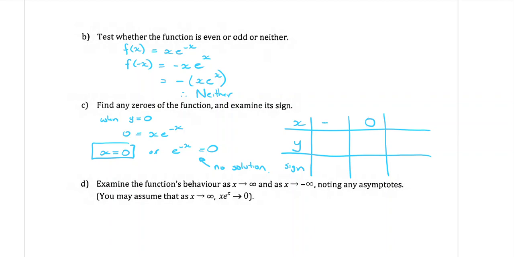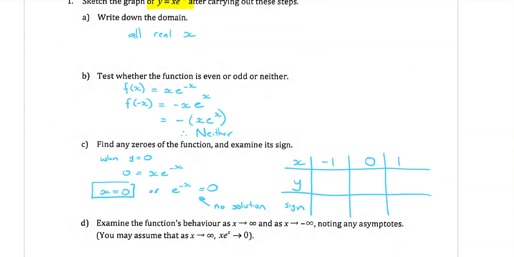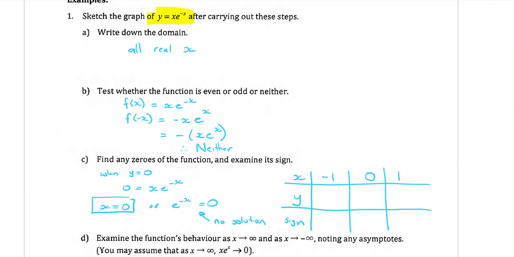I need a number less and a number bigger. So -1 and 1 are the obvious choices. You're subbing them into the y, right? So it's -1 times e to the positive 1, because the minus and minus makes negative e to a positive 1, or just negative e.